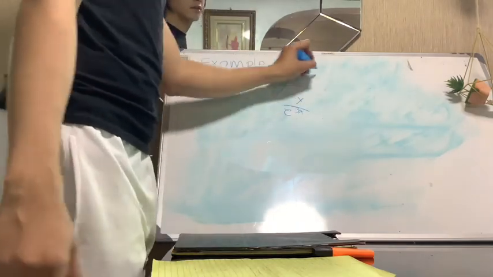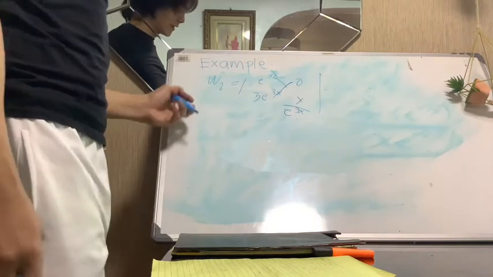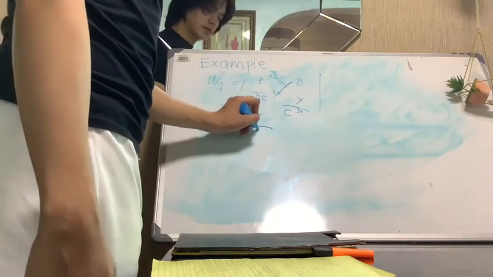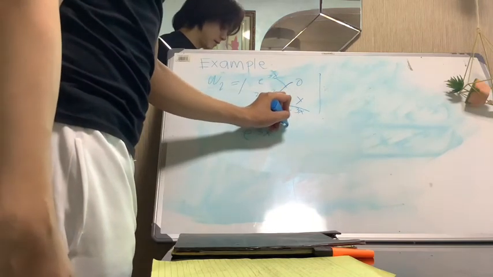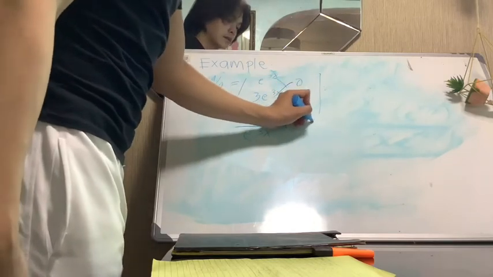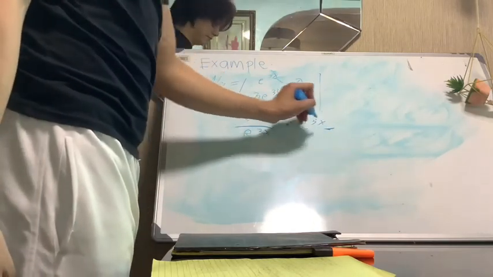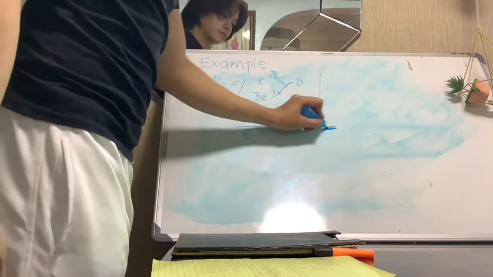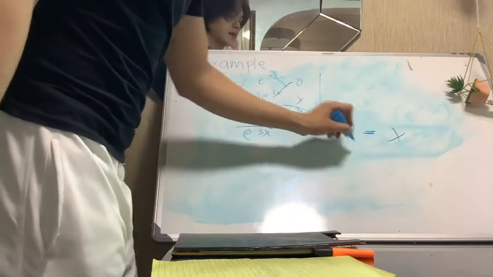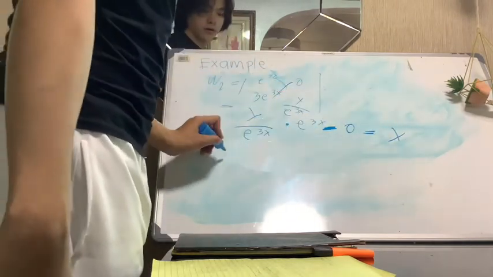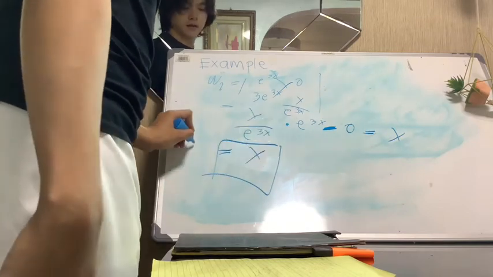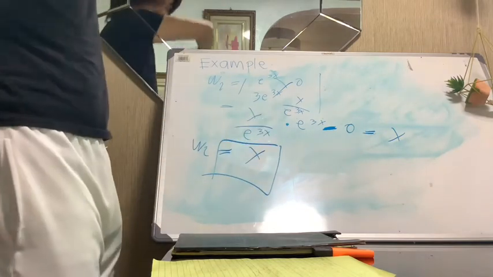Cross again. Multiply this, it is 3x. Zero equals x. So our answer for W2 is x.